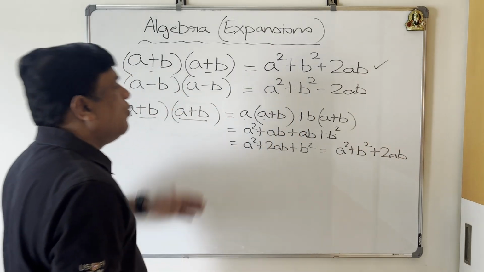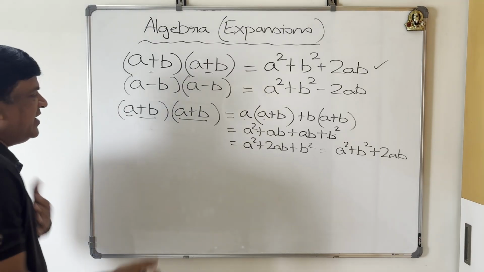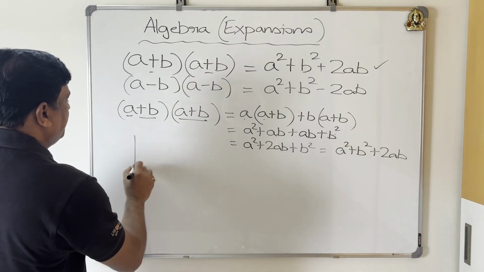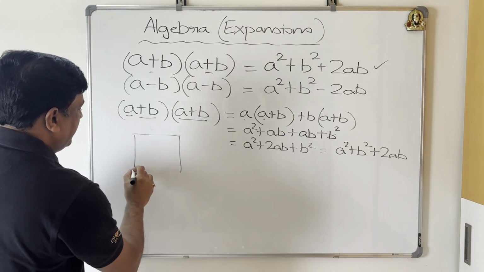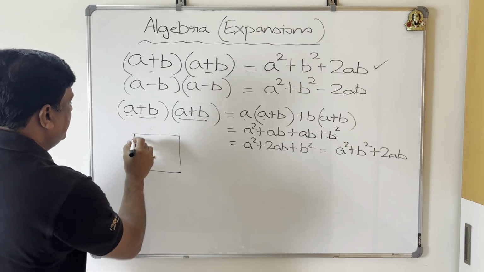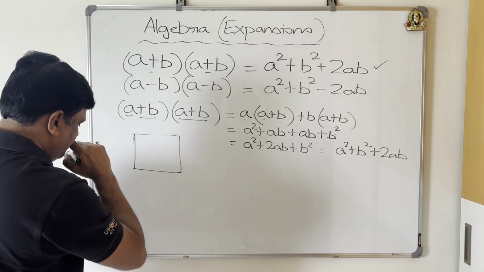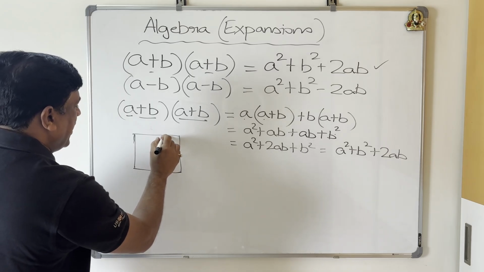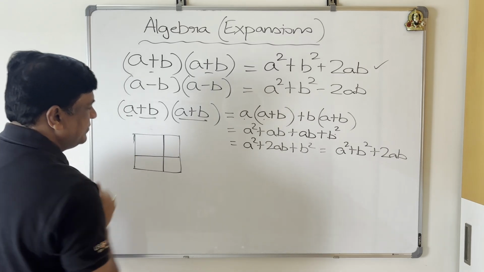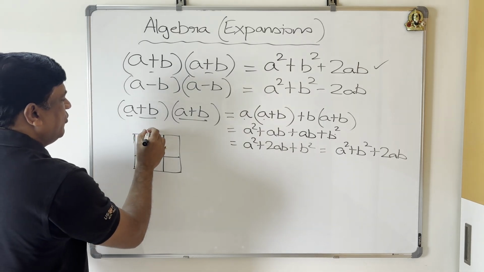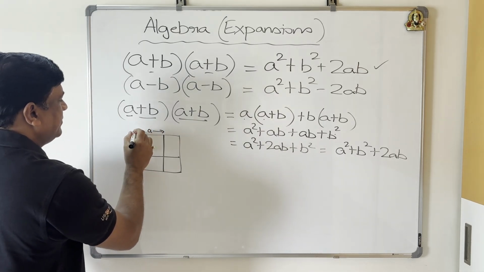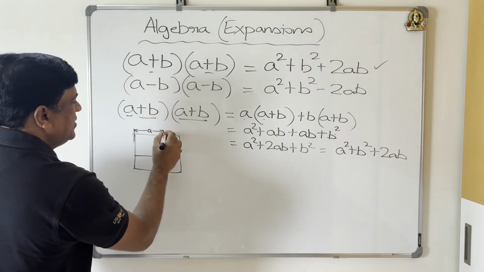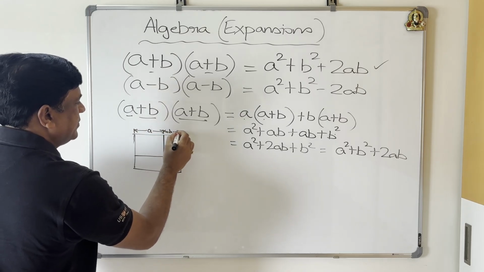Remember, okay? One more way to prove this is, let's take a square, and what I do is I break it down into 2 squares over here, like this. Suppose the length of this one is a, this one is b.